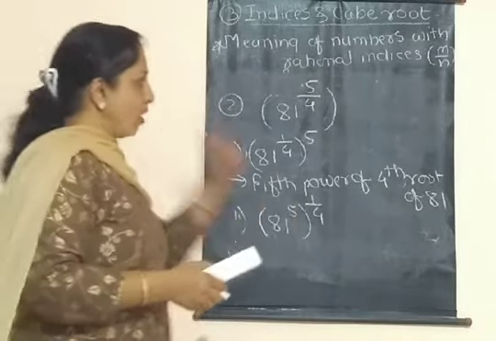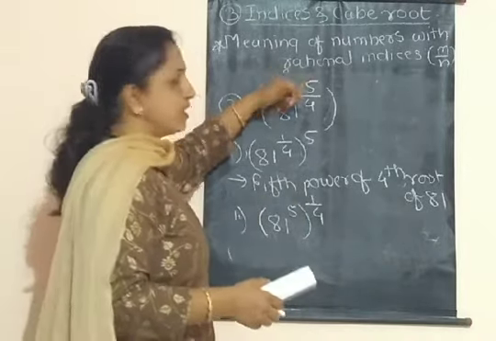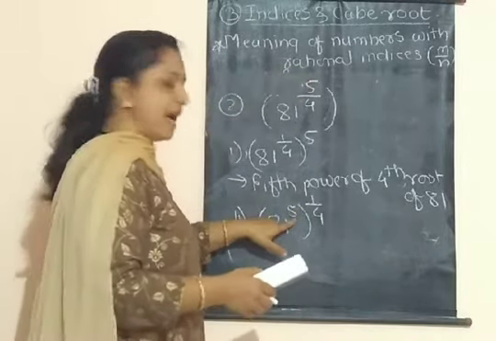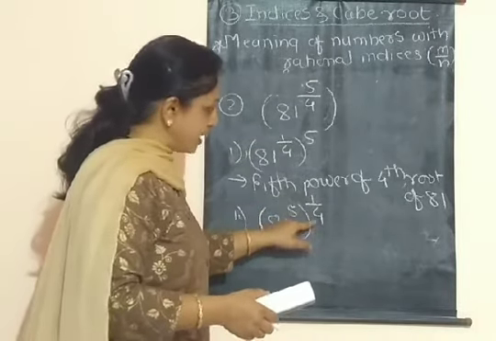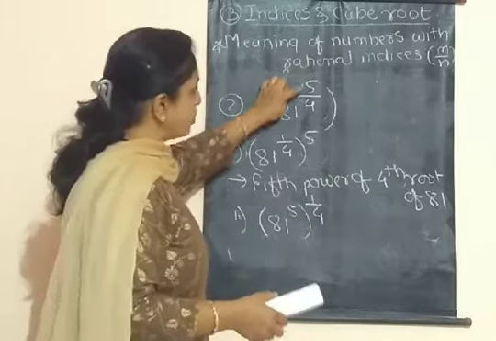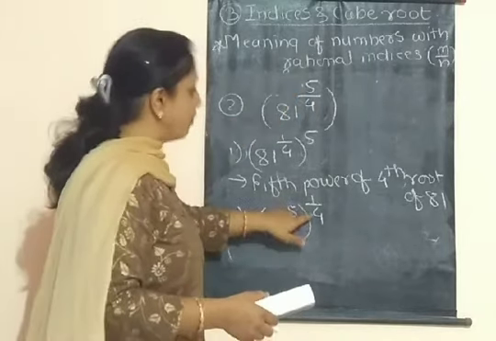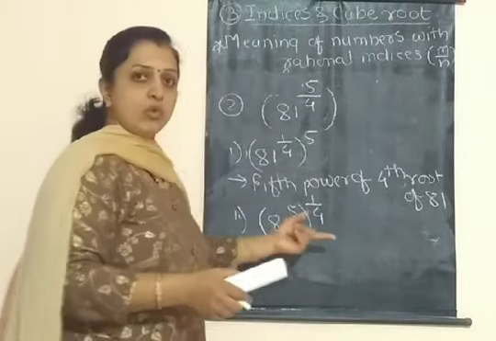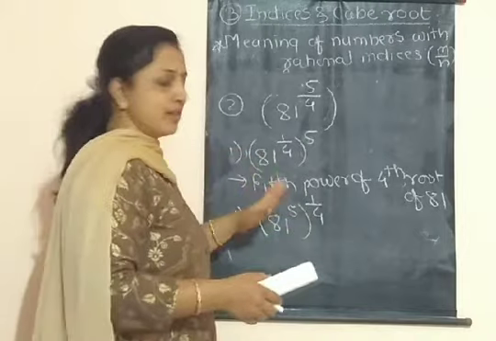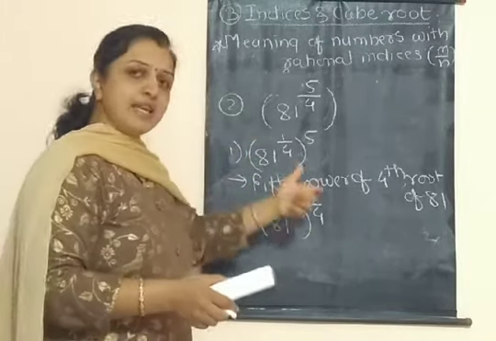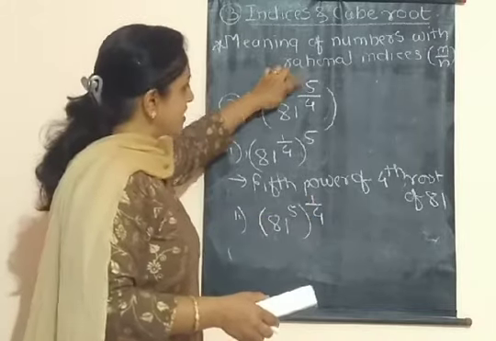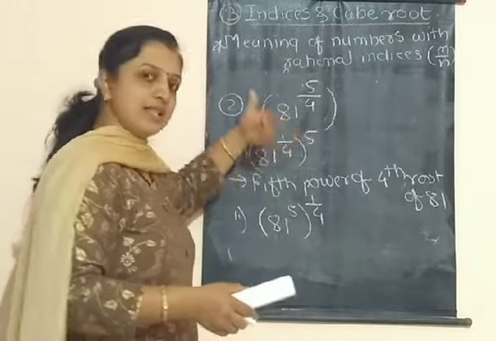But always remember, the number which is at the numerator should stay at the numerator, and the number which is at the denominator should stay at the denominator. It means you have to write this 4 like this, 1/4. Don't write raised to 4 only. You can't change the numerators and denominators. This 5 is at the numerator, so here also the 5 is at the numerator.